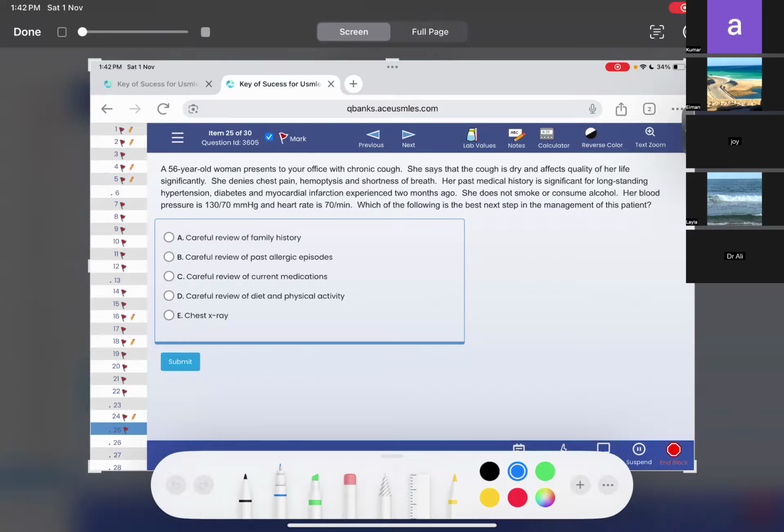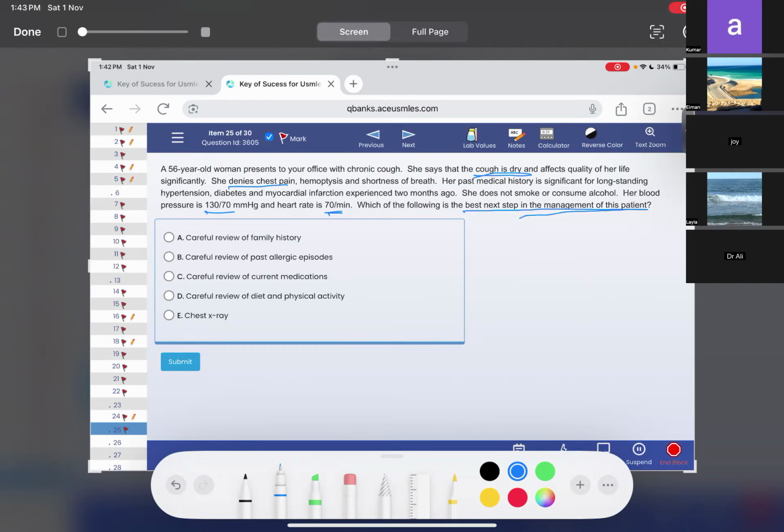Her past medical history is significant for long-standing hypertension, diabetes, and myocardial infarction experienced 2 months ago. She does not smoke or consume alcohol. Her blood pressure is 130 over 70, and heart rate is 70. Which of the following is the best next step in management of this patient?